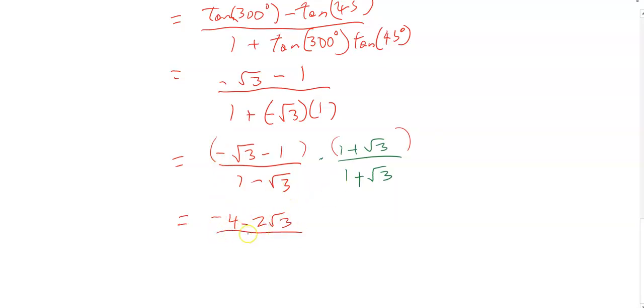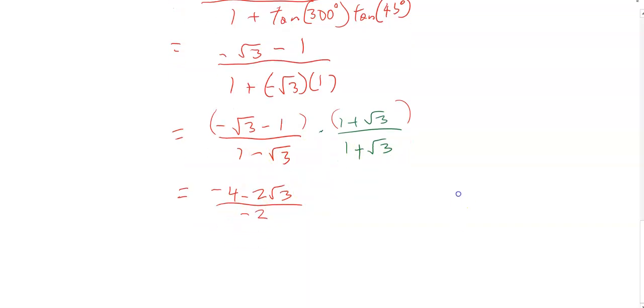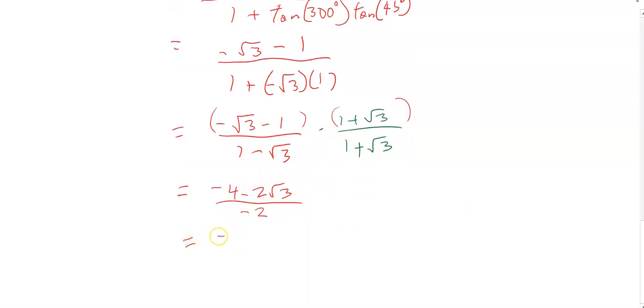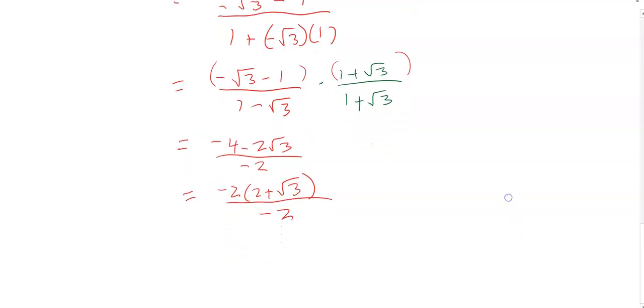At the bottom, you will have 1 minus 3, which is just negative 2. Then we can factor out a negative 2 from the top, so it's negative 2 times 2 plus radical 3. There was a negative 2 at the bottom, so this cancels out nicely to just be 2 plus radical 3 as your final answer.